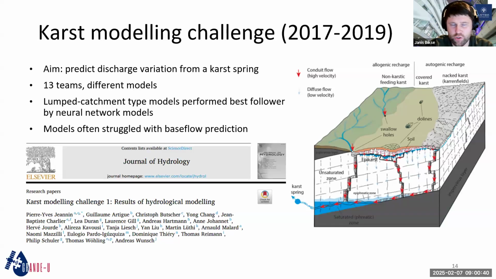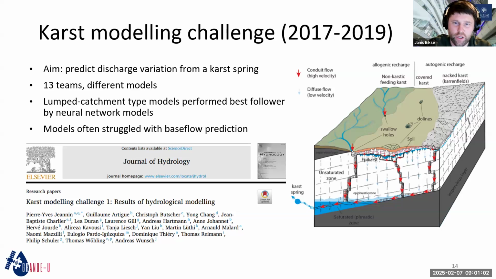But there were not only machine learning models, there were also the lumped catchment models and I think even some numerical models probably. But the catchment models actually performed the best in this challenge, followed by neural network models.